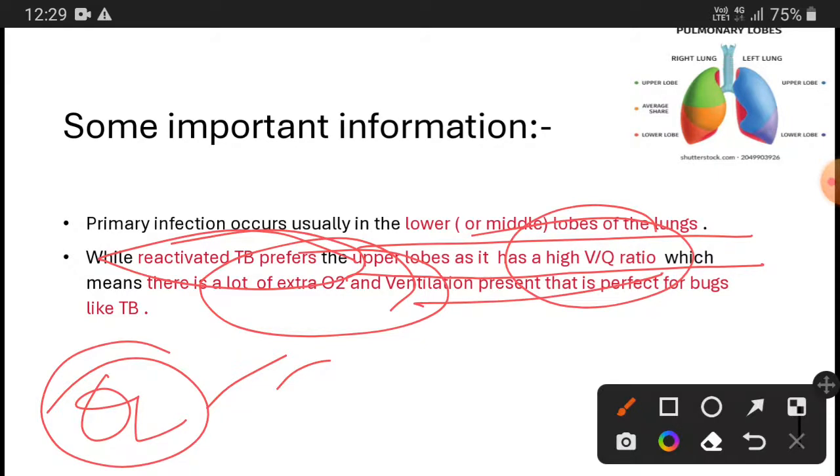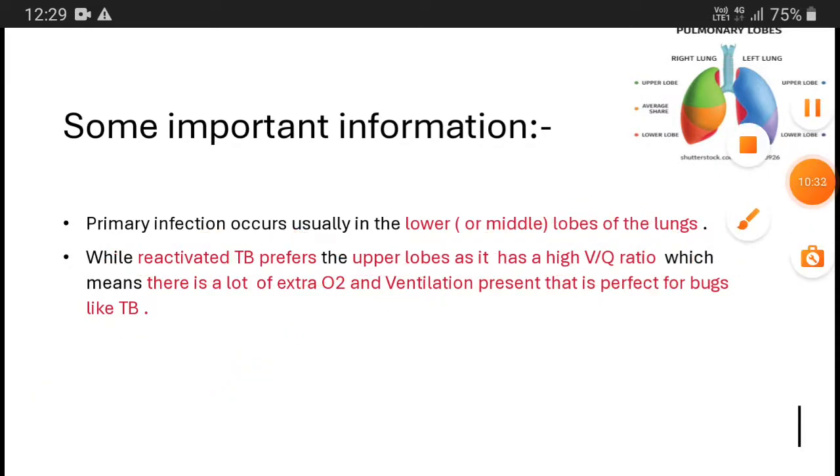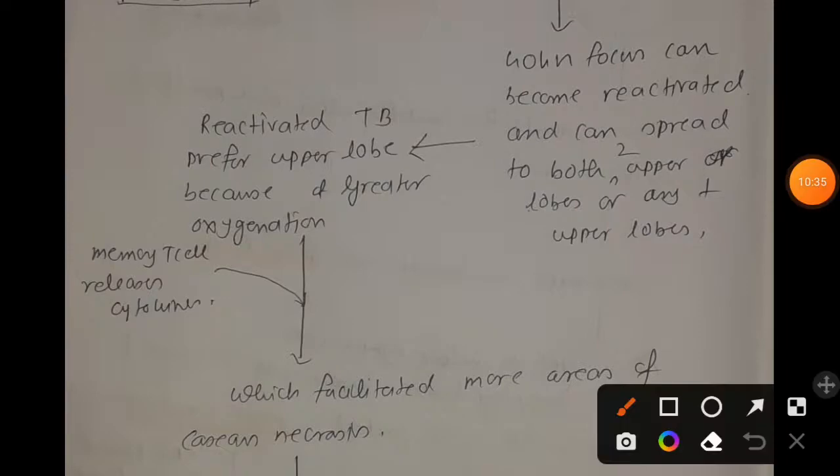This is very important. Reactivated TB now prefers the upper lobe because it gets greater oxygenation, and being an obligate aerobe, this is very necessary for Mycobacterium tuberculosis.